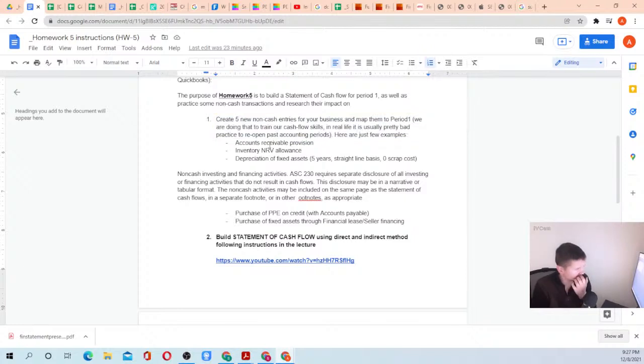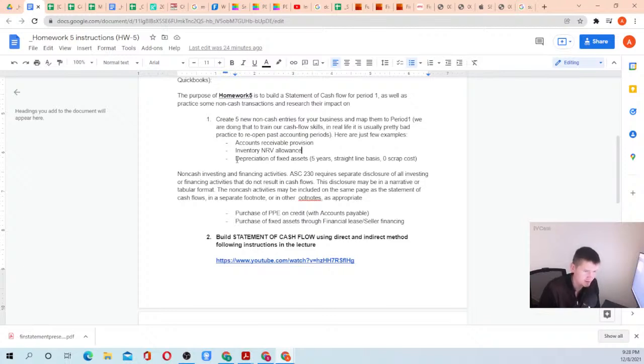So basically we will be dissecting how we reflect non-cash items in our cash flow statements. As you might guess, if we use the direct method of operating cash flow, we won't see any impact from non-cash items.